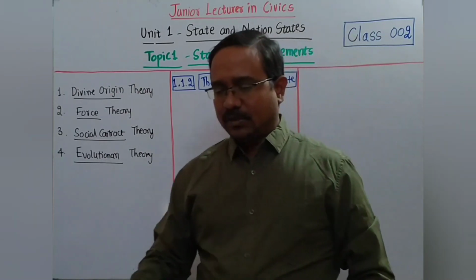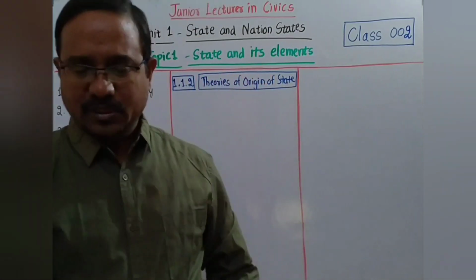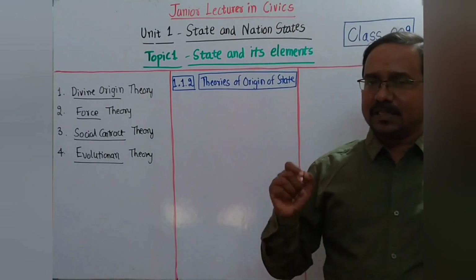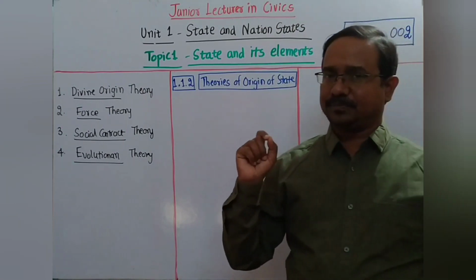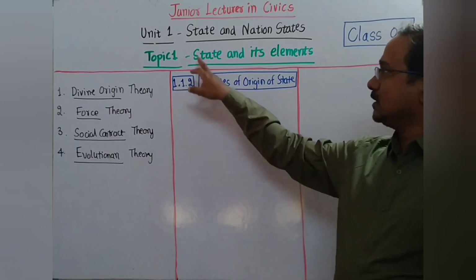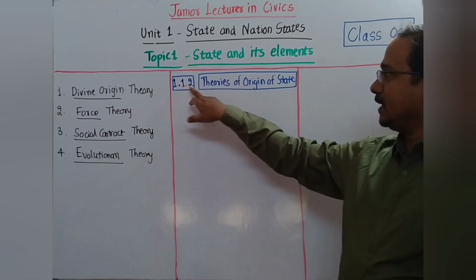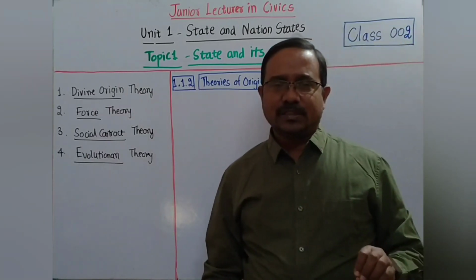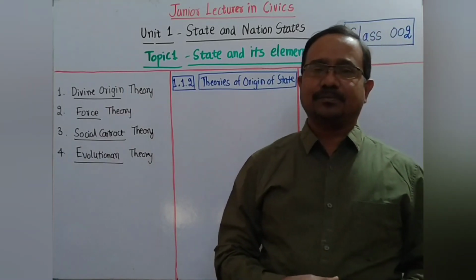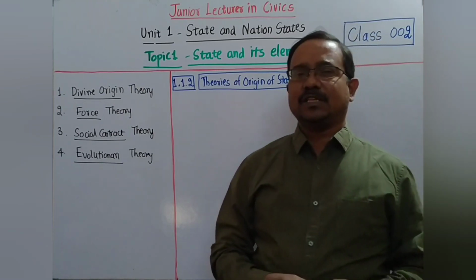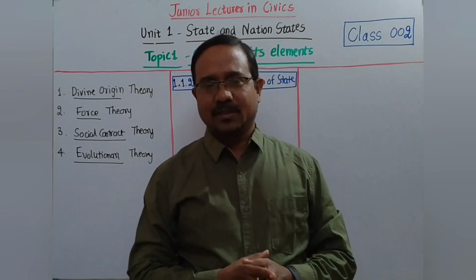So now we discuss the theories of origin of the state. This is the second subtopic, so we have written 1.1.2, that is unit 1, topic 1 and second subtopic. In the last class we discussed the origin, meaning and definition of the state clearly.